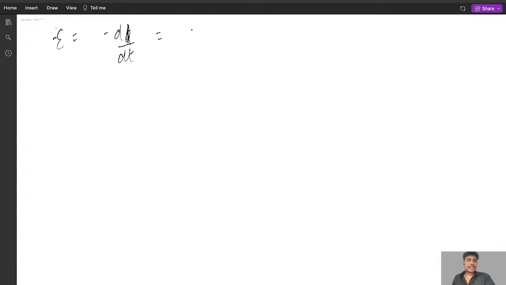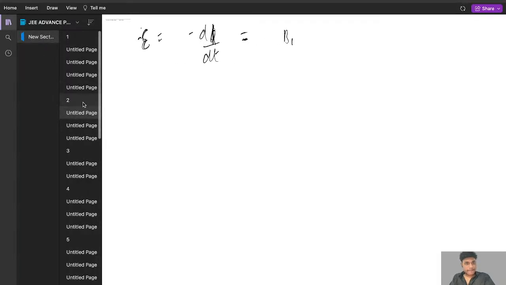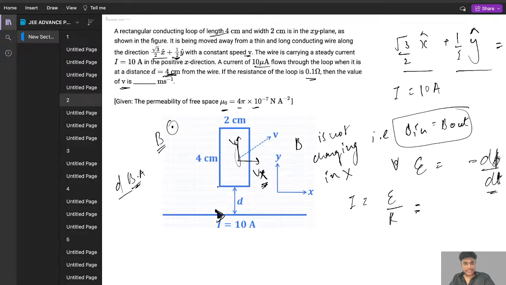So as it's moving in the y direction, when we consider only the y direction, the flux change is between these two lines, right.